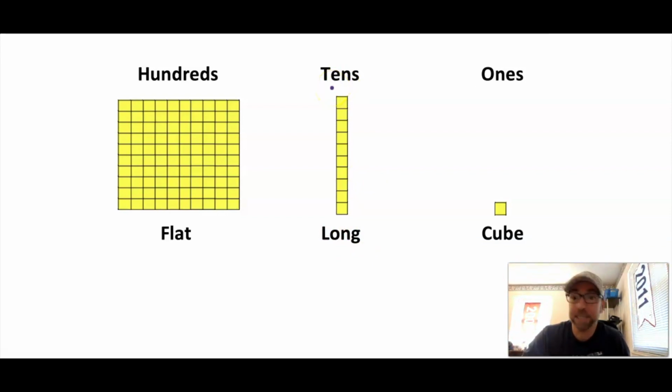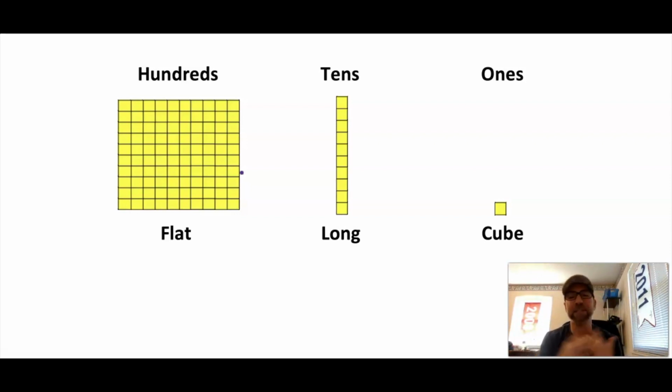Now in second grade, the flat is made up of 100 cubes all stuck together. It's also made up of 10 longs, because 10, 20, 30, 40, 50, 60, 70, 80, 90, 100 gives us a flat.